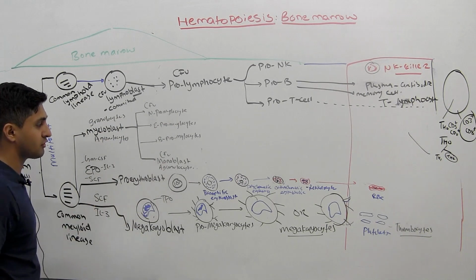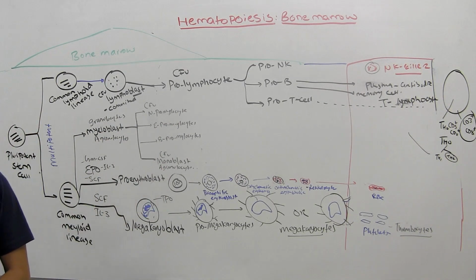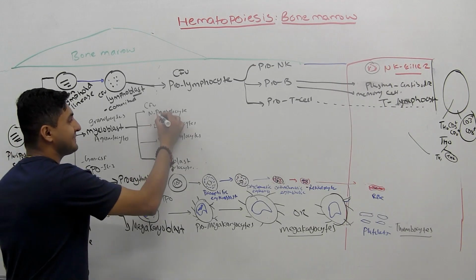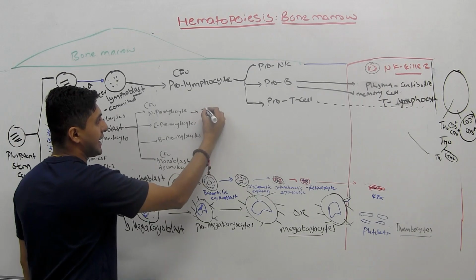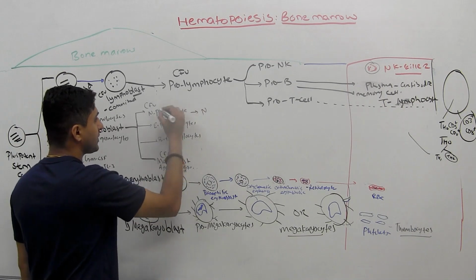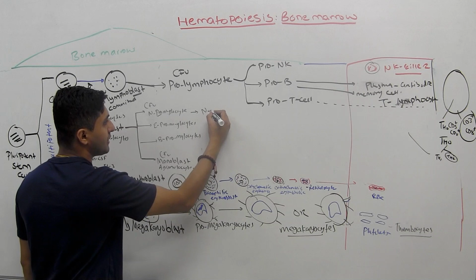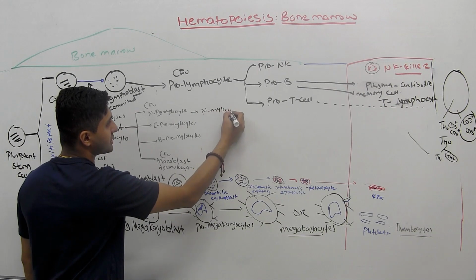And these are also going to be colony forming monoblast cells, right? So when it gives rise to the N promyelocytes, what is going to happen with the N? These get differentiated from the N, it will make N, and they'll remove the pro from here, so it'll become N myelocyte.